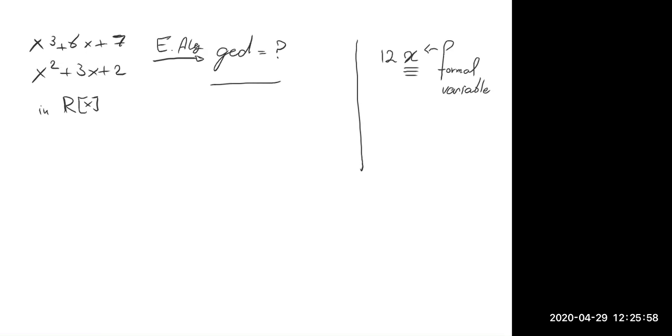We just think about 12x as 12 times a symbol x. We are not choosing a value for x. So with the inverse of 12x, well, 12x doesn't have an inverse, but in the previous case I had 1 over 12x. I shouldn't think about that as if x is a multiple of 12. I just think about x as a symbol or a formal letter.